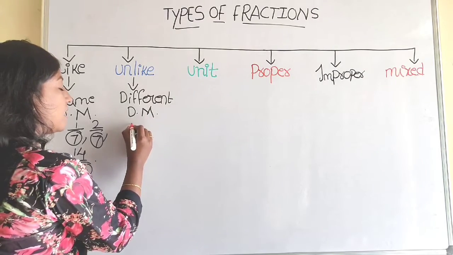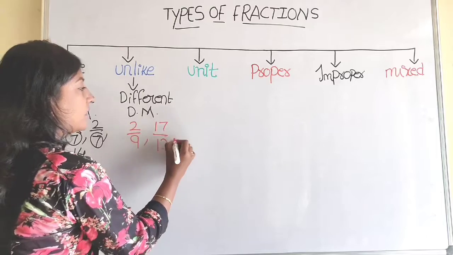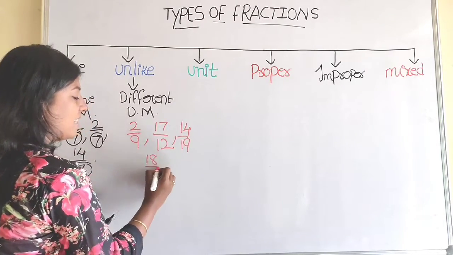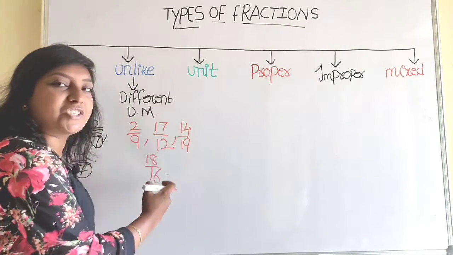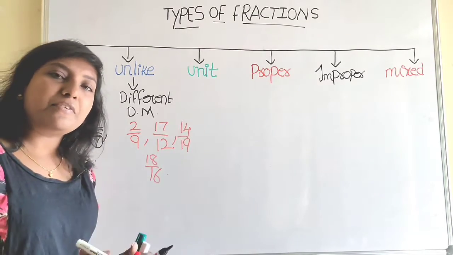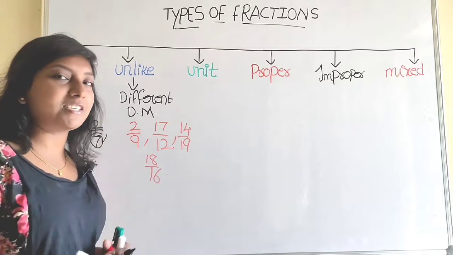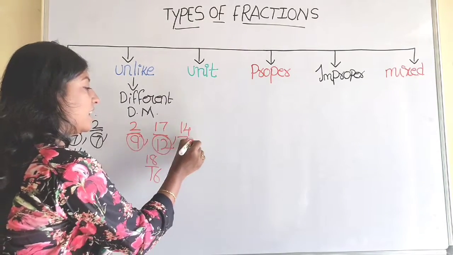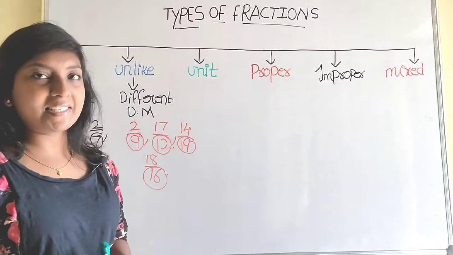So here I am taking 2 by 9, 17 by 12, 14 by 19, 18 by 16. If you observe, all these fractions have different denominators. So, if the fractions have different denominators, we say those fractions are unlike fractions. So, if you observe 9, 12, 19, 16, these are all different denominators.